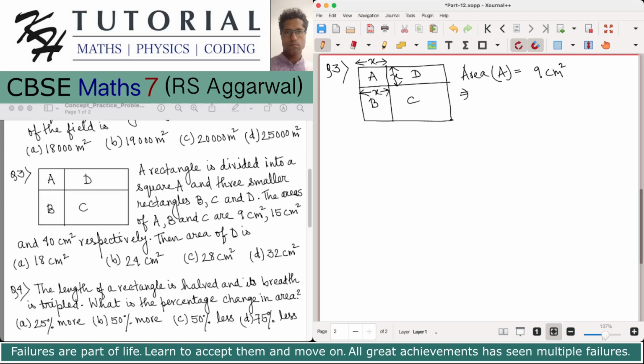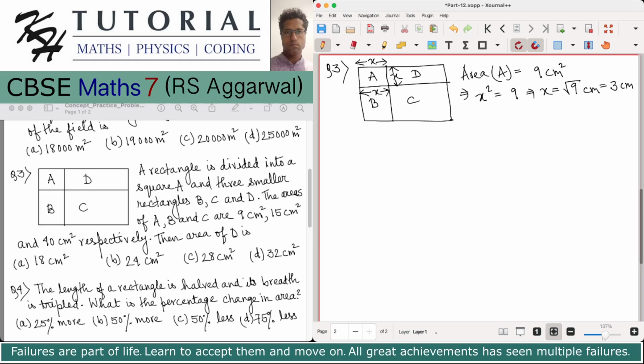So the area will be x square. So we must have x square equals 9. So this implies x is equal to square root of 9 centimeter, which is equal to 3 centimeter. So each side length of the square A is 3 centimeter.